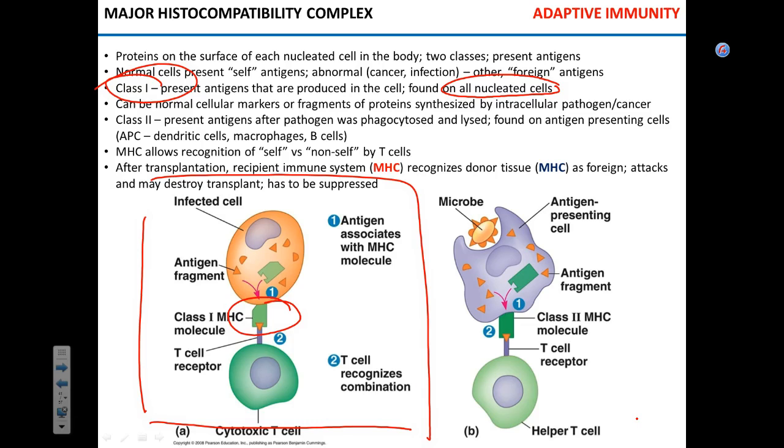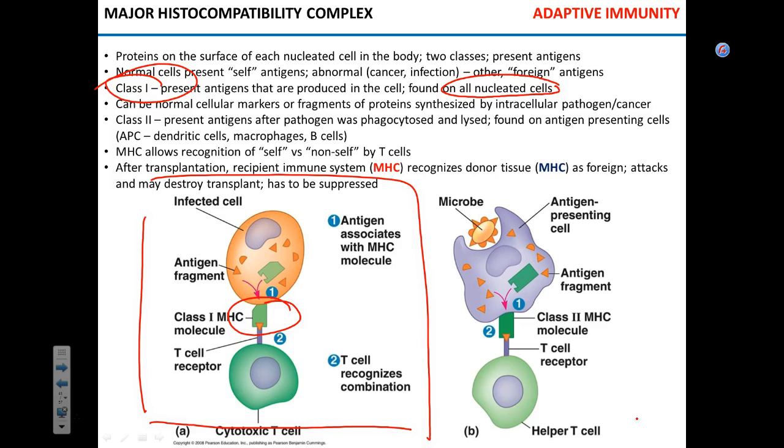Does that make sense? Cell starts to produce not cellular antigens, but viral antigens, which look to immune system how? Self or foreign? They look foreign, so they label cell foreign.